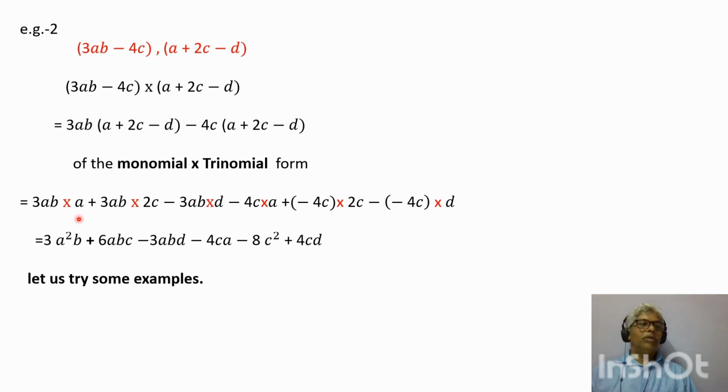Now solve: 3a square b plus 6abc minus 3abd minus 4ac minus 8c square. Now minus into minus is plus, so that is plus 4cd. So this is an example of binomial into trinomial.